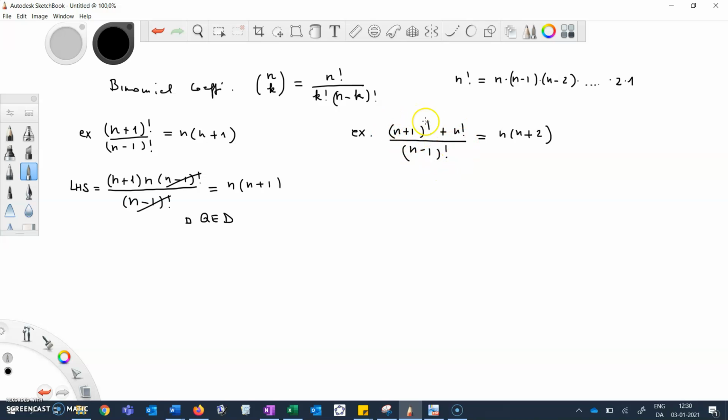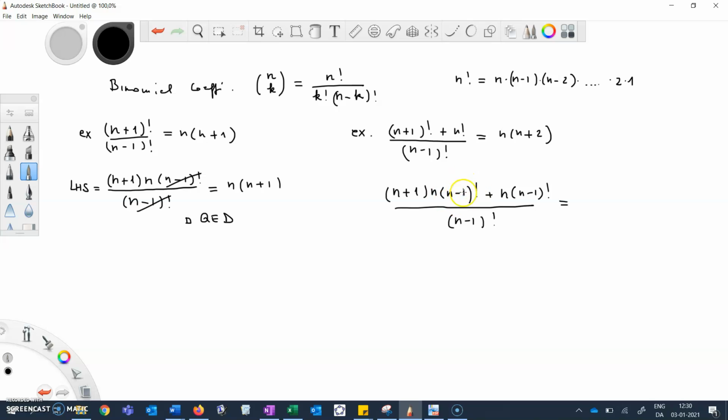I'm going to develop each term here to have some common term that I can cancel out. So the idea is that I have n plus 1 times n times n minus 1 factorial. And then I will have n times n minus 1 factorial here, and then divided by n minus 1 factorial in the denominator.